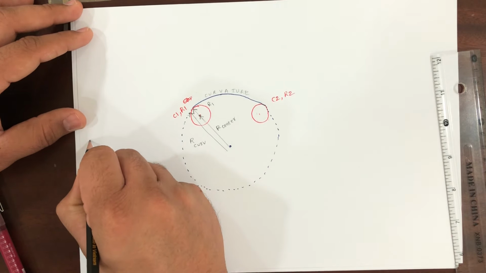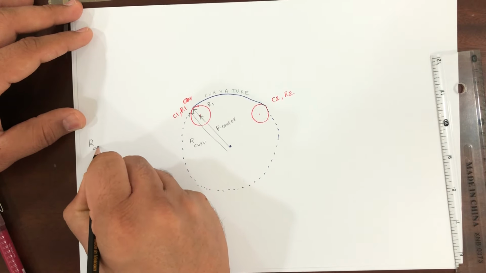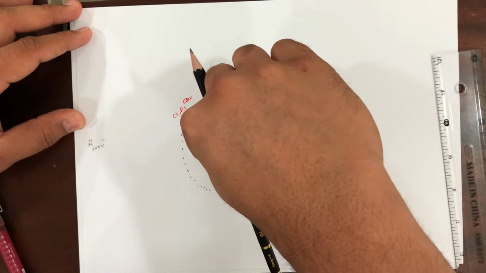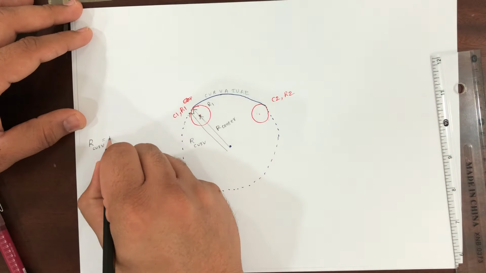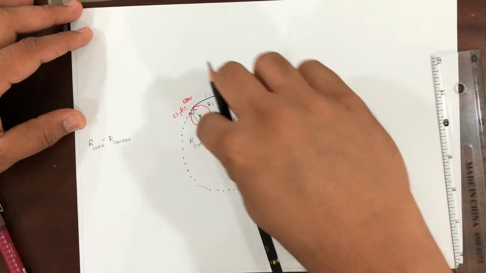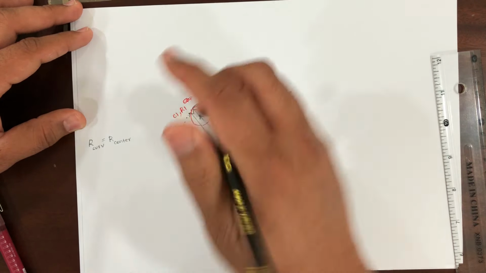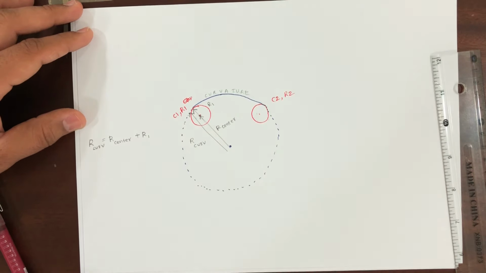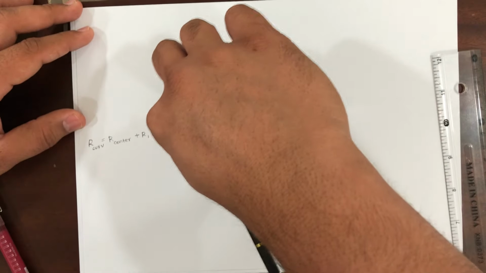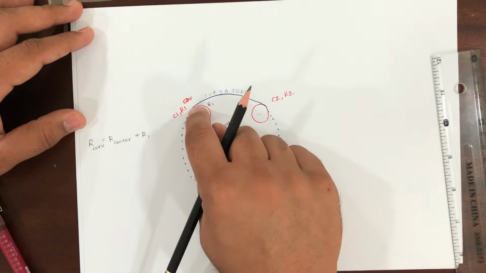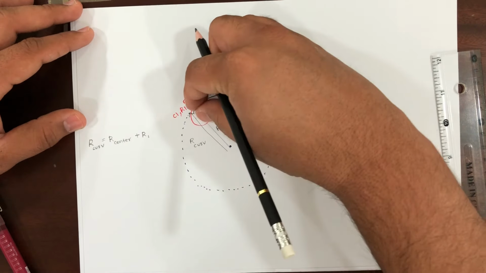So now I can write R curvature equal to R center plus R1. Okay, this total R curvature is equal to R center plus R1.